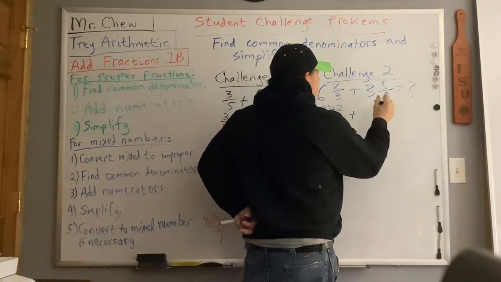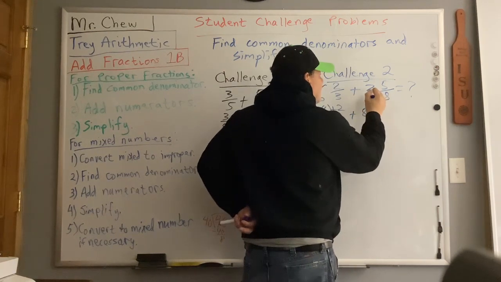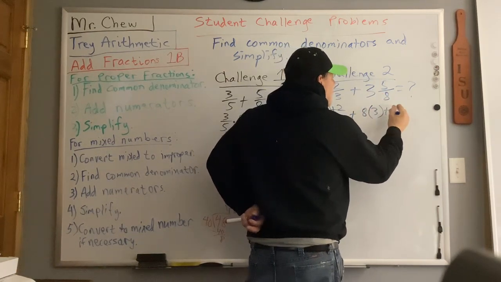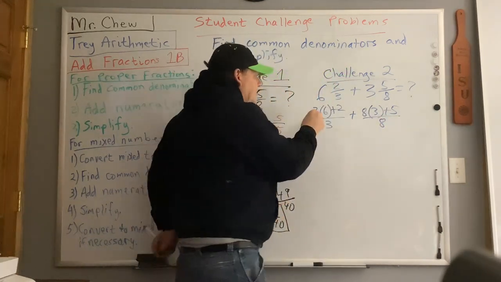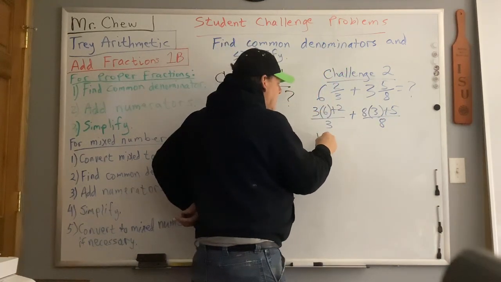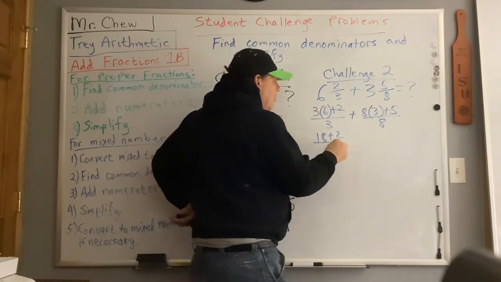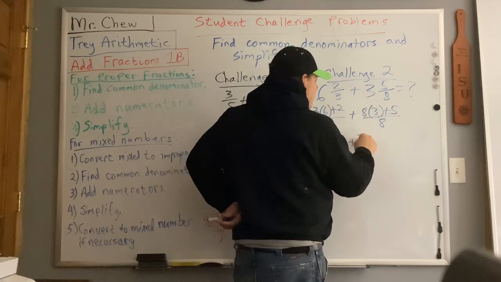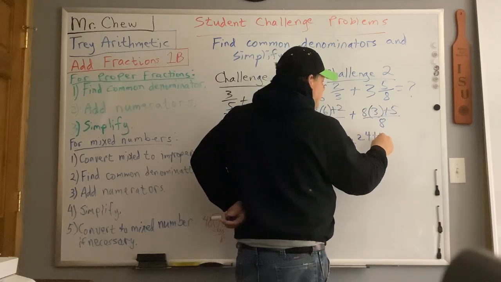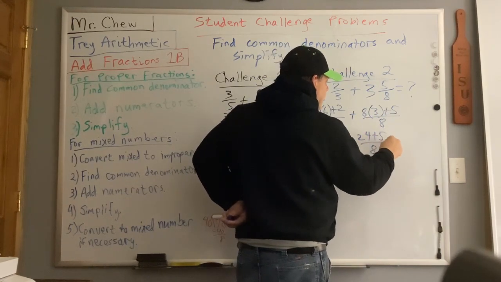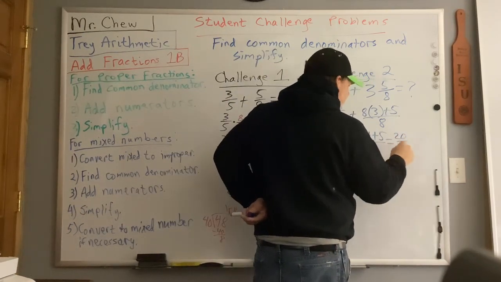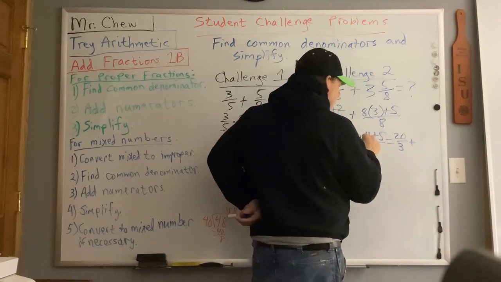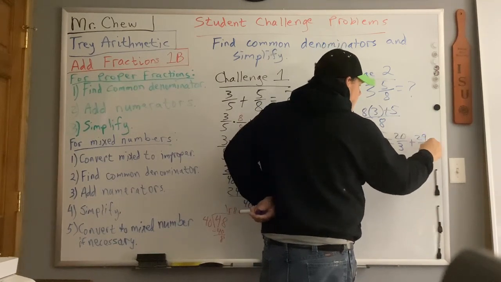That's 8 times the whole number plus the numerator over 8. So this becomes 18 plus 2, I have to do the order of operations up in the numerator, over 3 plus 24 plus 5 over 8. 18 plus 2 is 20 over 3 plus 29 over 8.